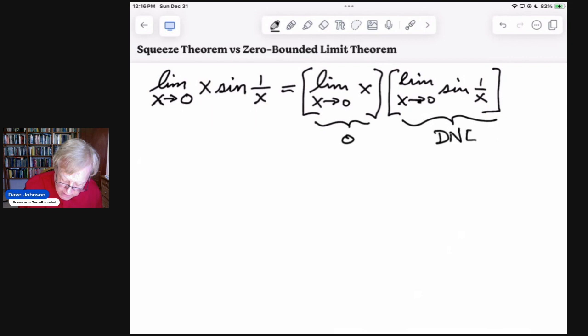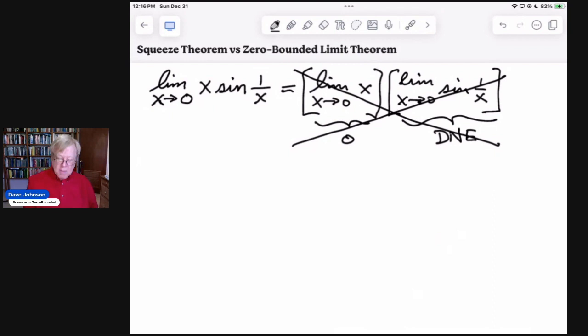And when that limit does not exist, you're not allowed to use that limit theorem. Now, you may say, well, wait a minute, it gives you the right answer. No, from a logical standpoint, if the limit property doesn't apply, then you're not allowed to do this. So we can't use this method. So I'm just going to cross this out. Okay, not legal. So instead, let's choose between the zero-bounded limit theorem and the squeeze theorem.